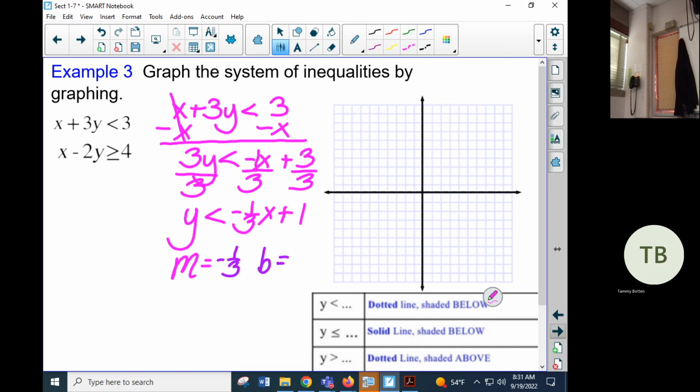And my y-intercept is 1. Okay. So if I go to graph that, I'm going to go to where b is 1. That's my y-intercept. And then my slope is down 1, right 1, 2, 3. Down 1, 1, 2, 3, down 1, 1, 2, 3, and you could go up 1, left 3.